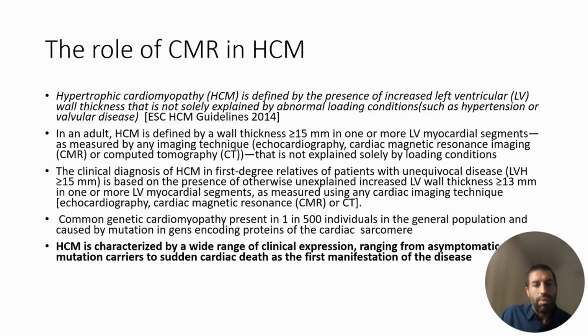It is a common genetic cardiomyopathy, presenting in 1 in 500 individuals in the general population and caused by mutation in genes encoding proteins of the cardiac sarcomere. Hypertrophic cardiomyopathy is characterized by a wide range of clinical expression, ranging from asymptomatic mutation carriers to sudden cardiac death as the first manifestation of the disease.